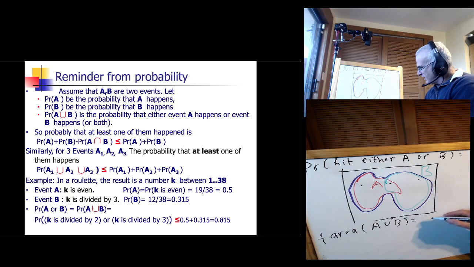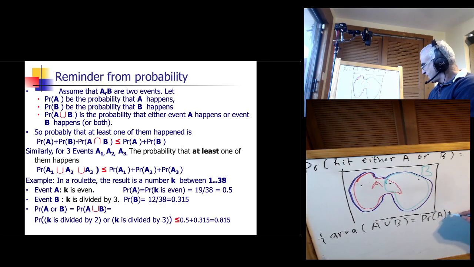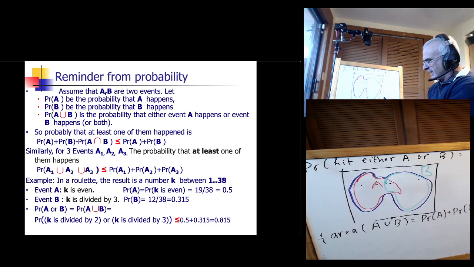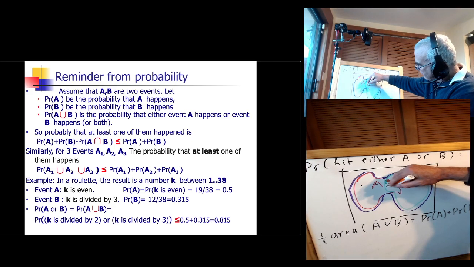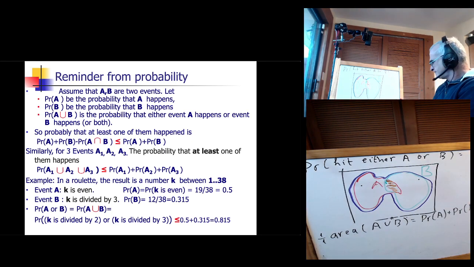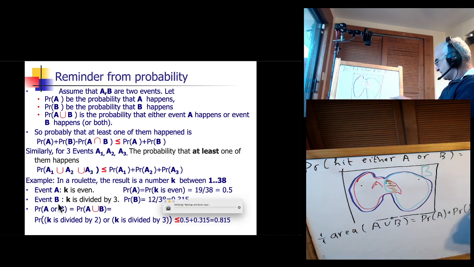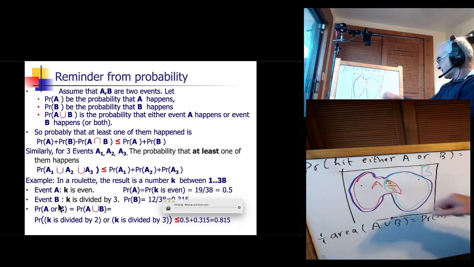You can express this probability as the probability of A, plus the probability of B, minus, since I have double counted this orange area right here, this sum is somehow too large.